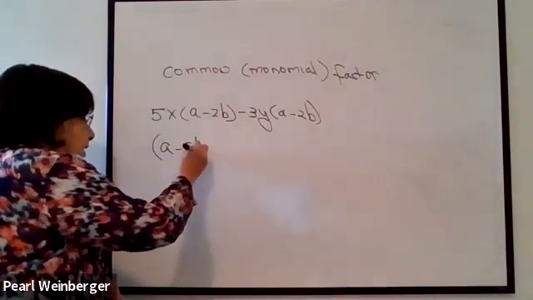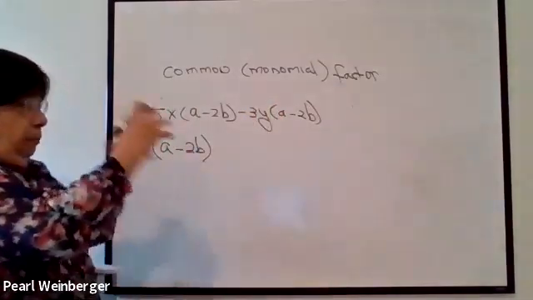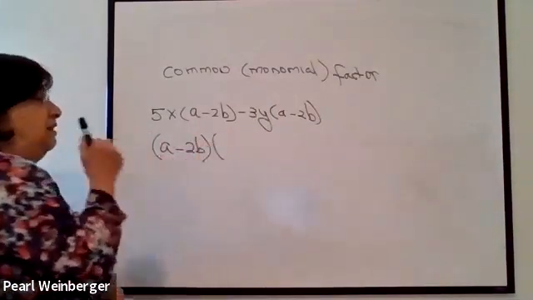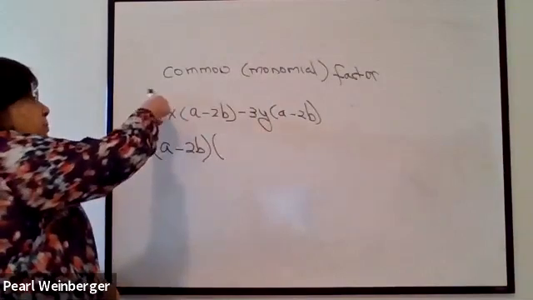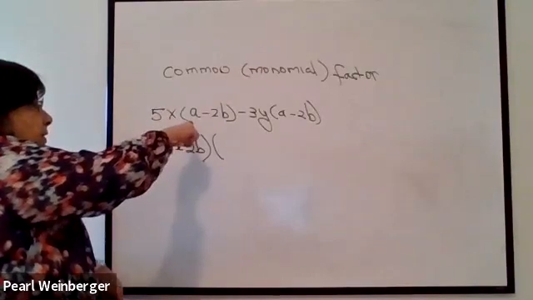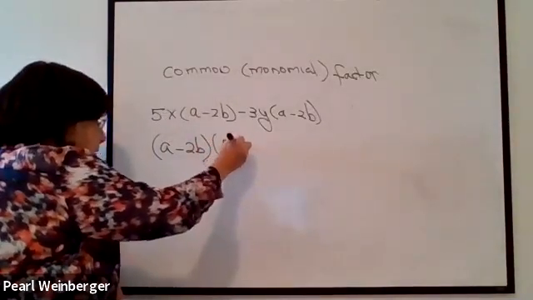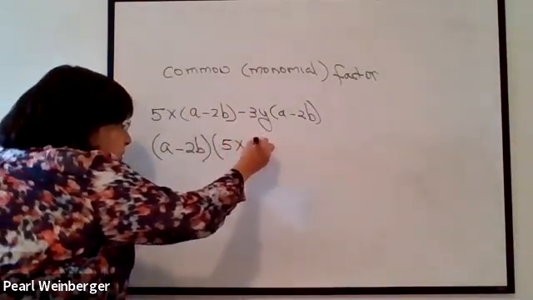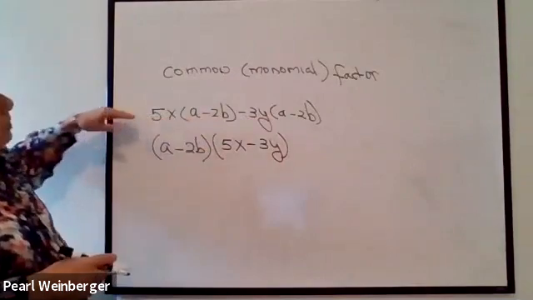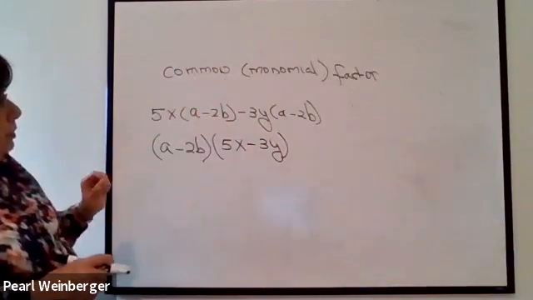We take the a minus 2b, the common parentheses that they both have, put it in front, and in our second parentheses, we put the expressions that it's being multiplied by. So first I'll put the 5x, and then I'll put the negative 3y. So that I end up, after I factored this whole thing, with two binomials multiplying each other.